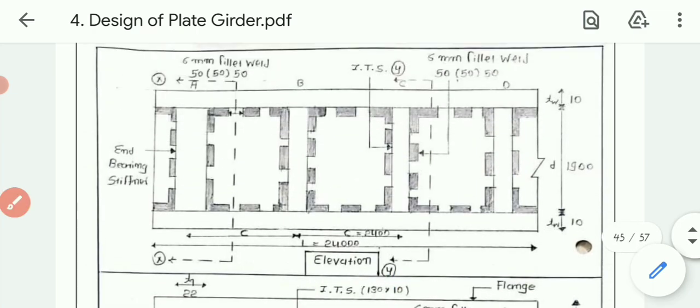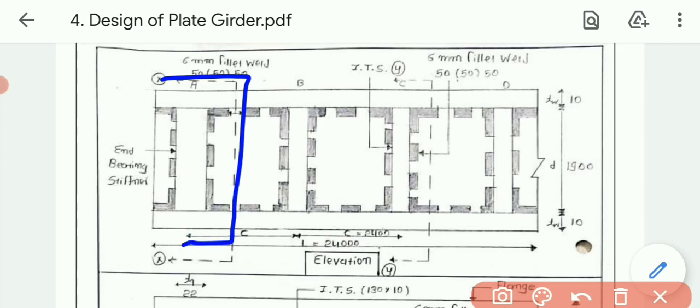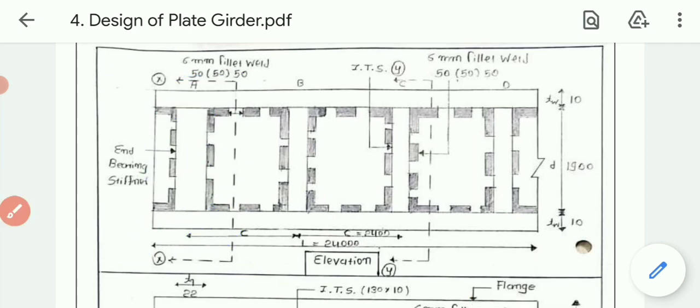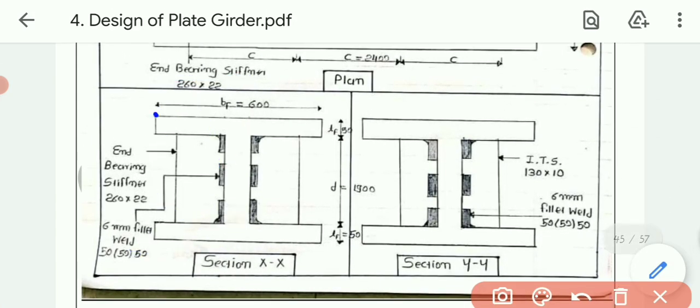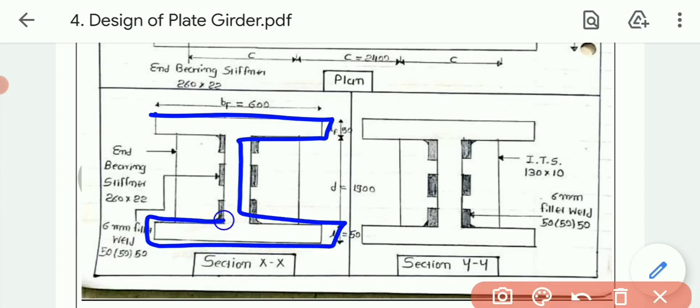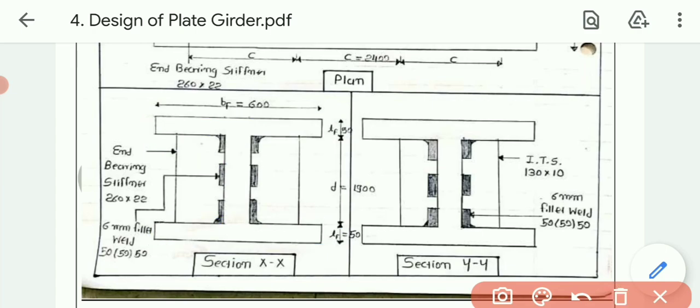And then we need to cut two sections. Say section AA, where we will see the end bearing stiffener along both sides of the web. As you can see, the cross section is an I section, a typical plate girder. Okay, and this one is our end bearing stiffener. Clear? And this vertical welding is connecting the stiffener with the web.